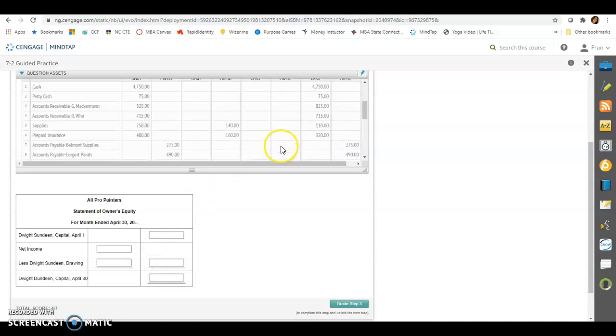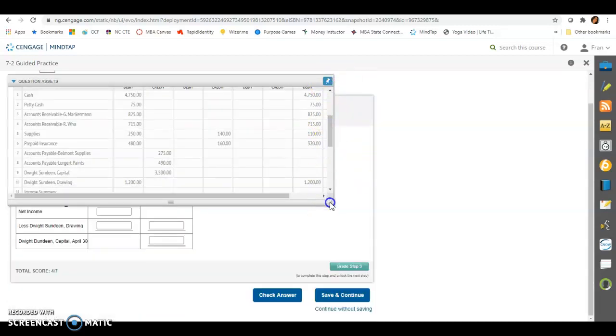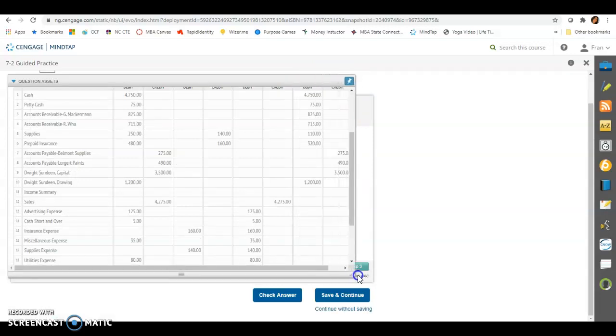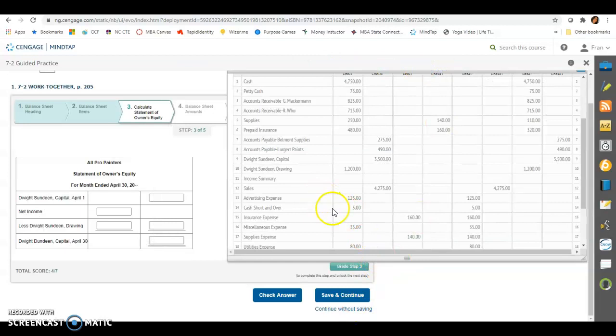Okay, so we can figure out all these by looking at this balance sheet. Let's unpin it and move it over. All right, so his capital at the beginning of the month is right here, $3,500. So that's what we're going to put down right here.